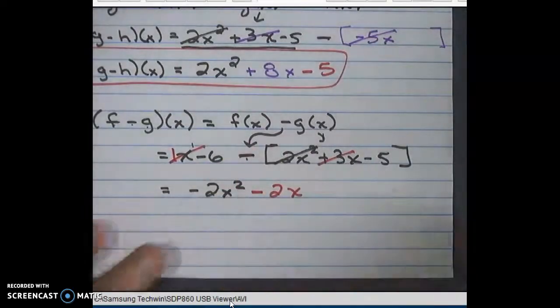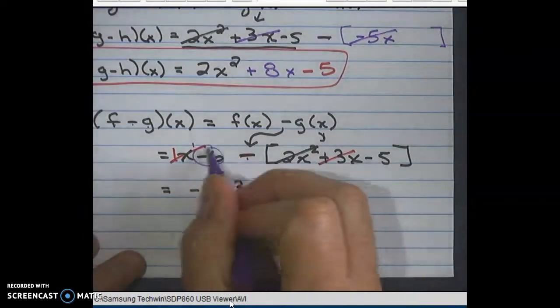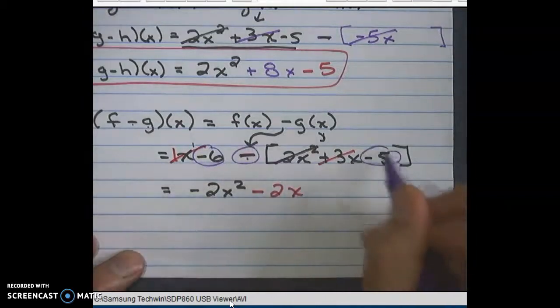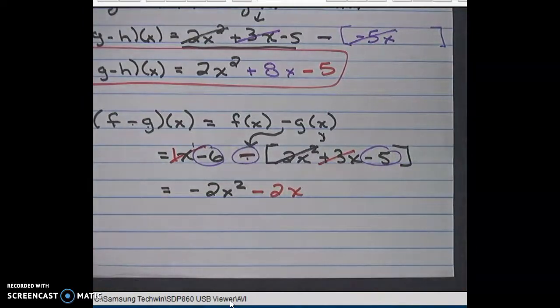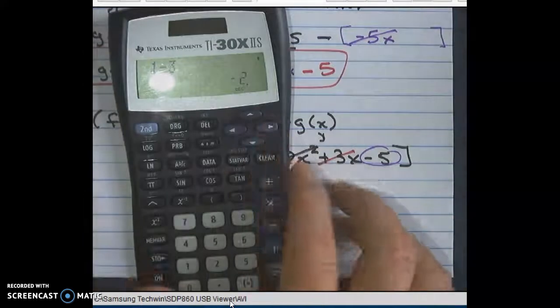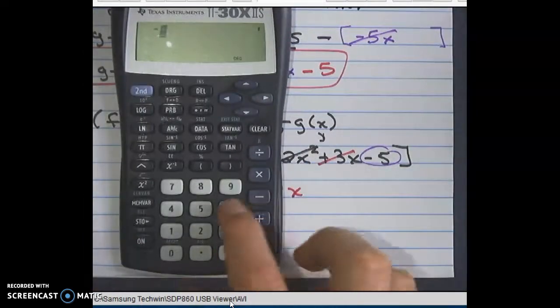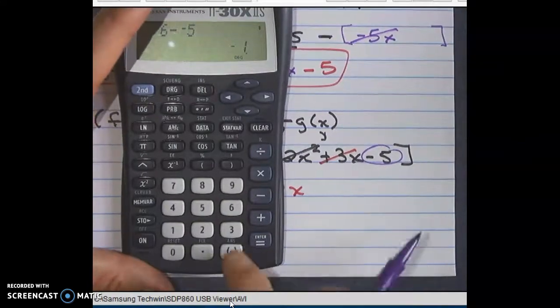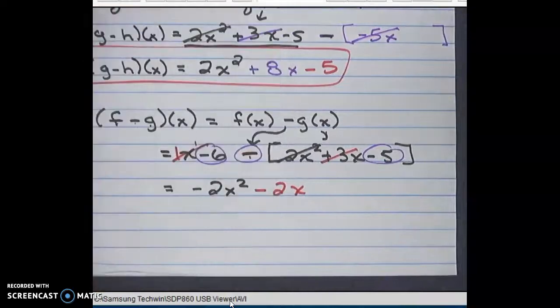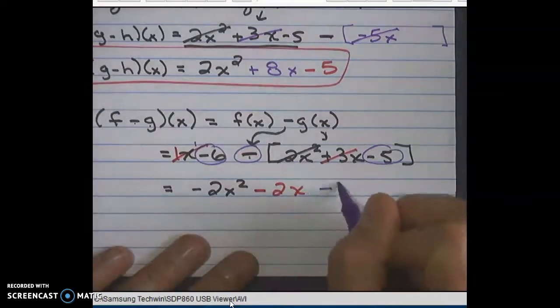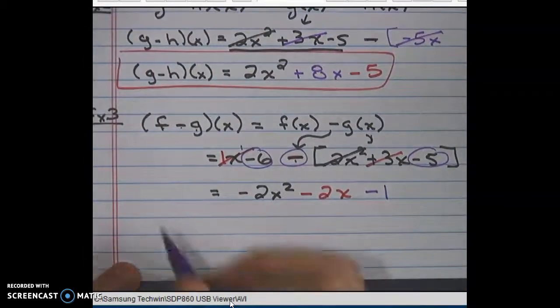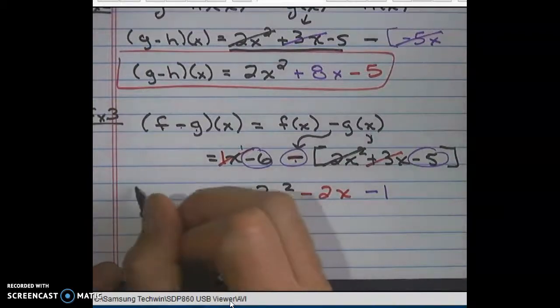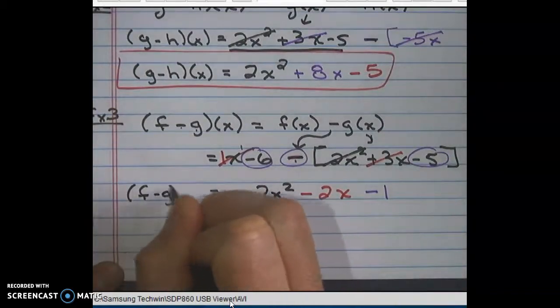So what's negative 6 take away a negative 5? And again, if you're not great with mental math, just type it in your calc. Negative 6 take away negative 5, that would give you a negative 1. And so it's basically saying the same as negative 6 plus 5. So we have negative 1 at the end. And so that would be the answer to f minus g of x.